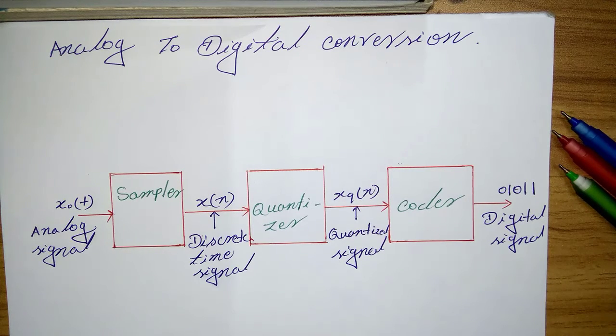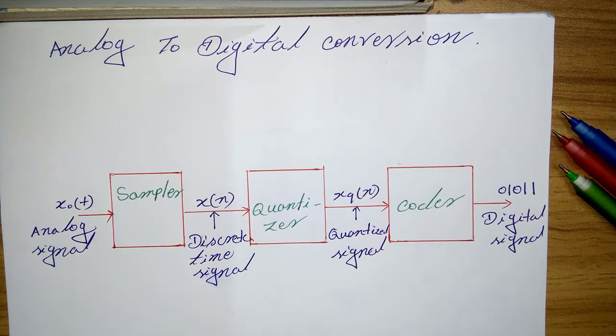We know that to process an analog signal by digital means, it is first necessary to convert it into digital form, that is, to convert it to a sequence of numbers having finite precision. This procedure is called analog to digital conversion, and the corresponding device is called an analog to digital converter.